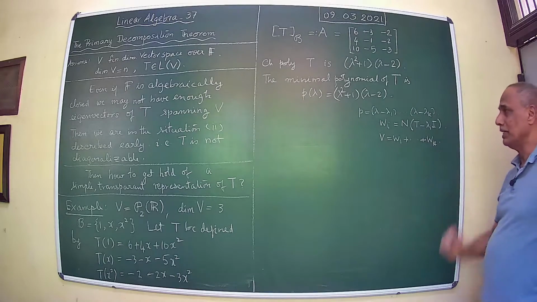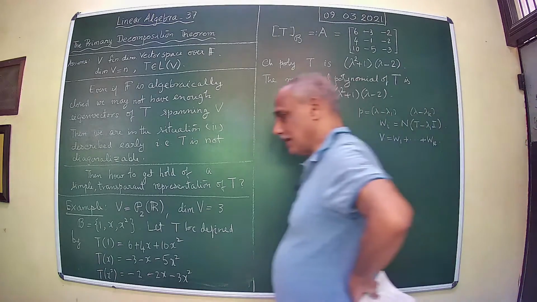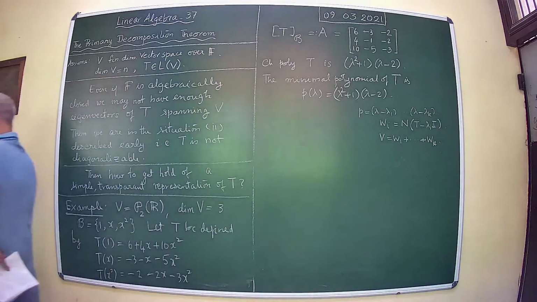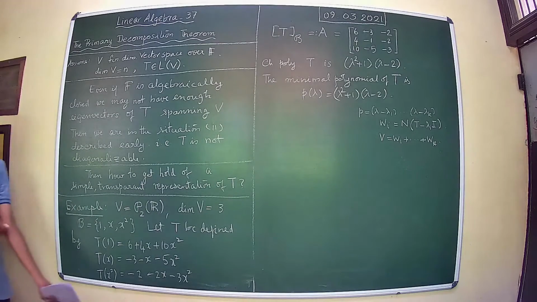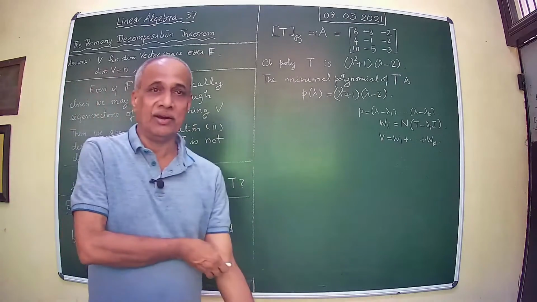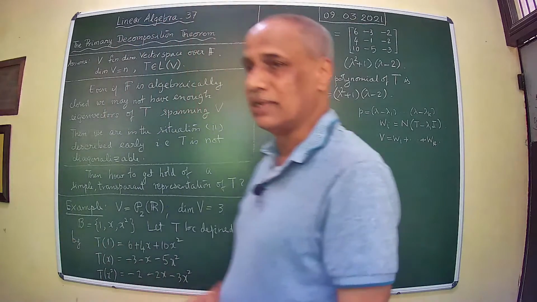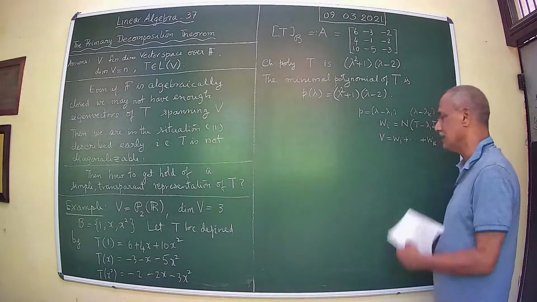Then we got T diagonal, and you have a matrix form which has every diagonal element as one of the lambda_i. This is the scenario that we have.